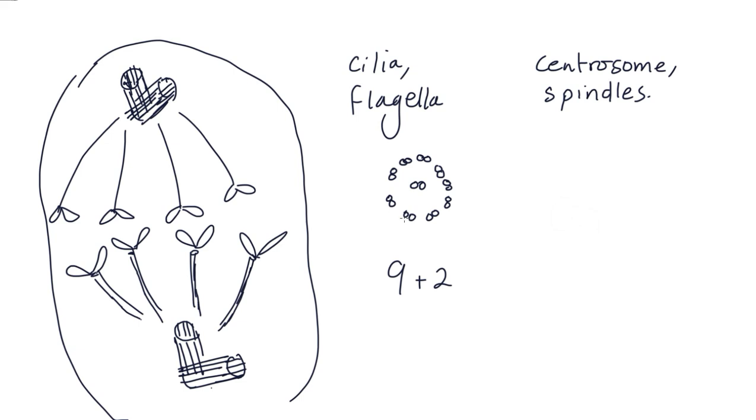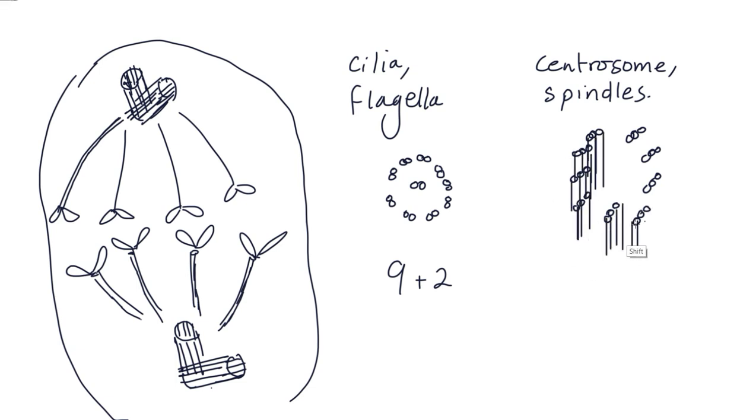The 9 means 9 pairs of microtubules plus a pair in the center of the circle. In the centrosome, the structure consists of 9 triplets.